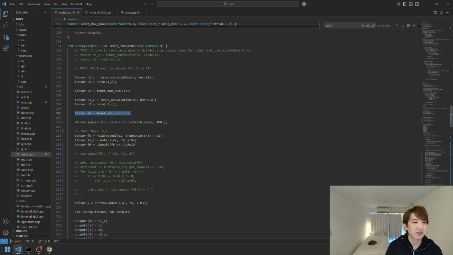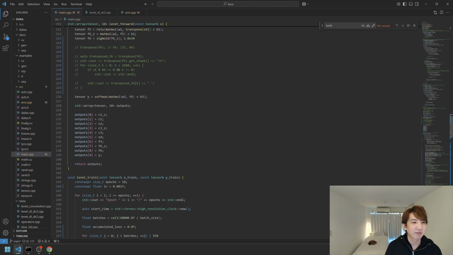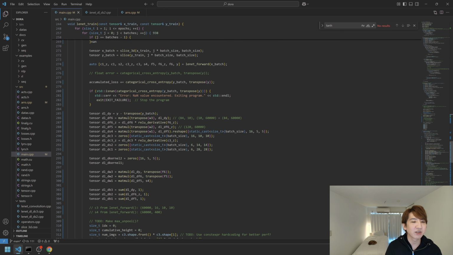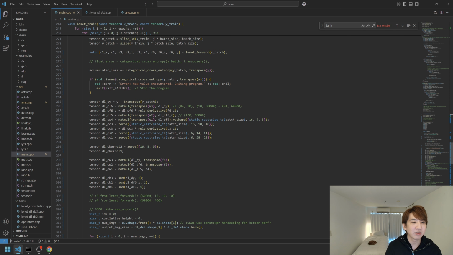So next we want to compute DC3 by DC3Z. In this case, the ReLU was involved, so it would look like this.